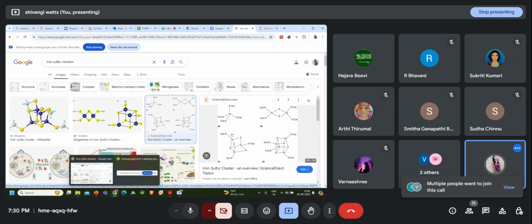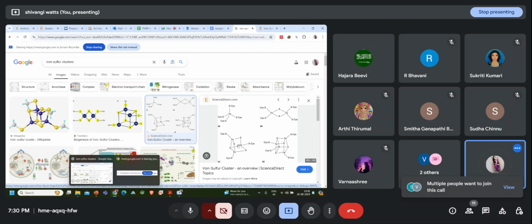So now you tell me the name of this cluster. I told you the name of this, Fe1S0. Here Fe2S2. And what is the name of this? Fe3, S3?